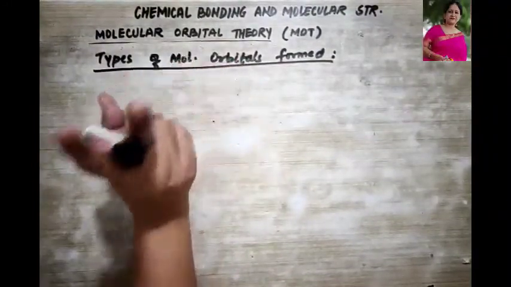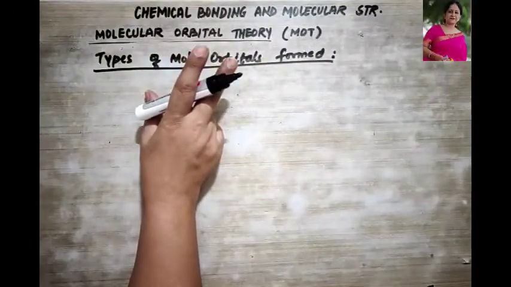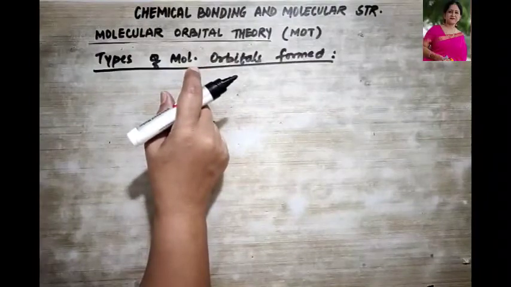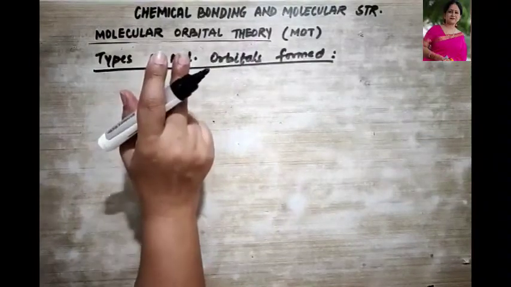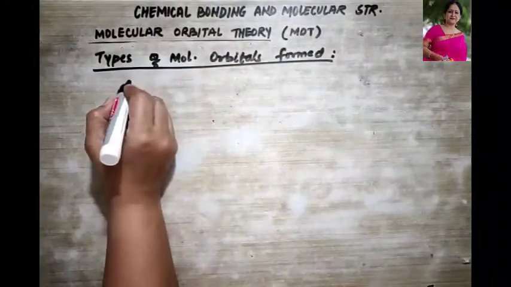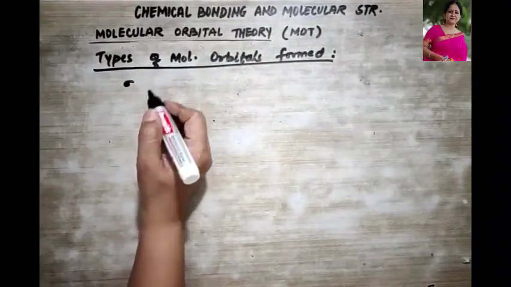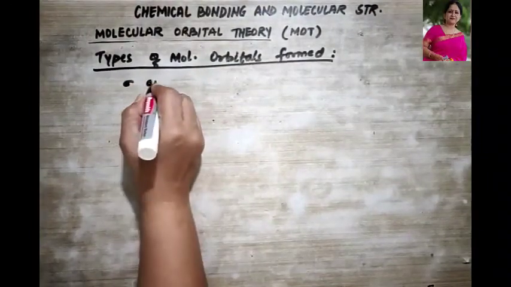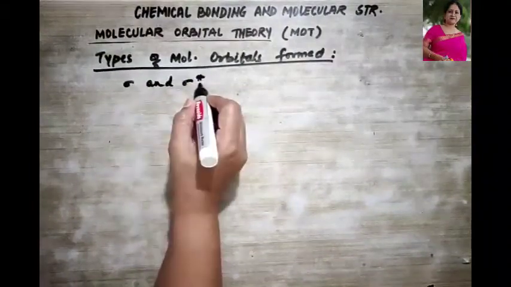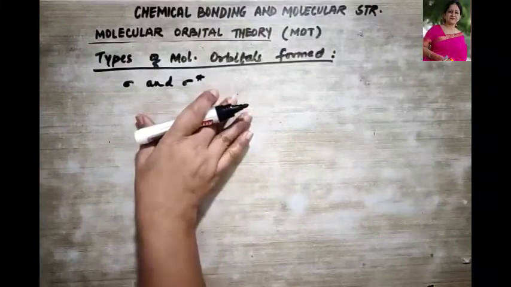So that is what I am going to explain further in the types of molecular orbitals formed. When two atomic orbitals overlap along the internuclear axis, the molecular orbitals formed are termed sigma and sigma star. This is bonding, this is anti-bonding molecular orbital.